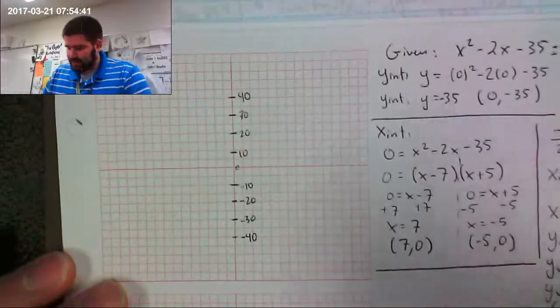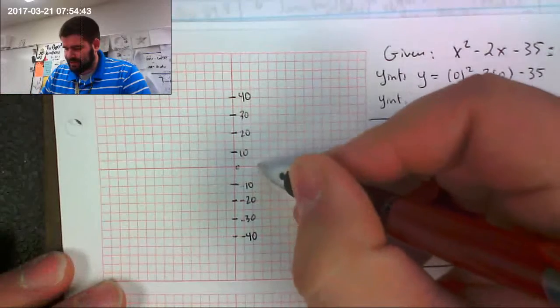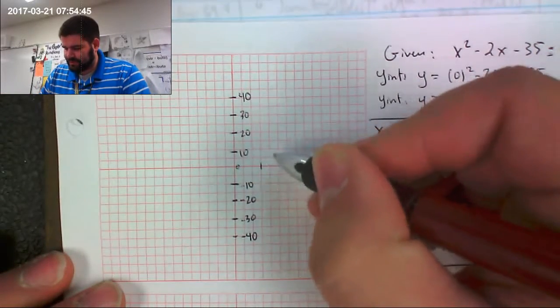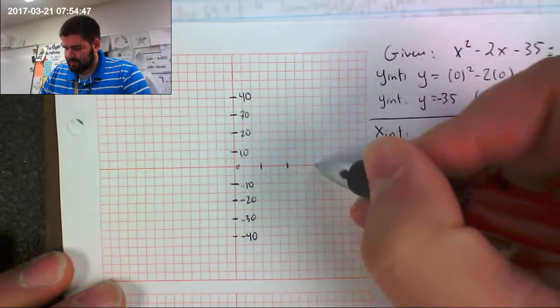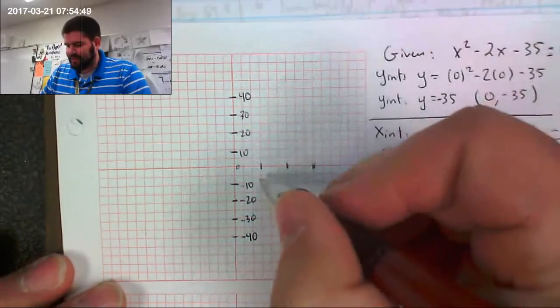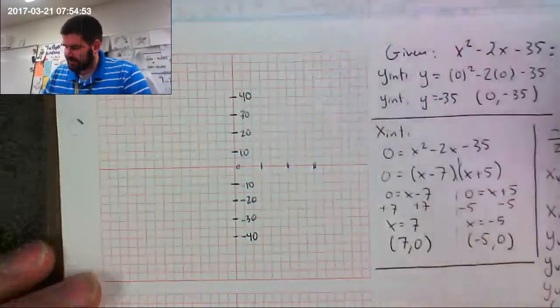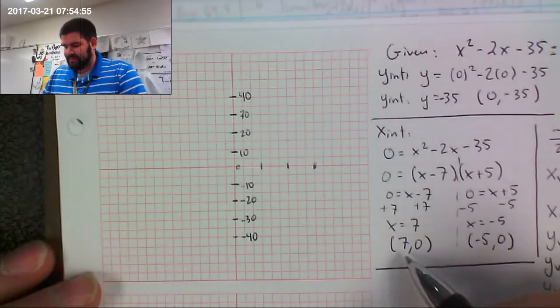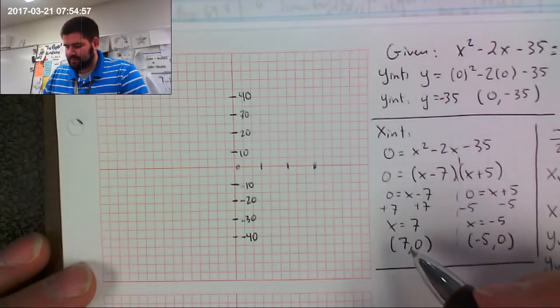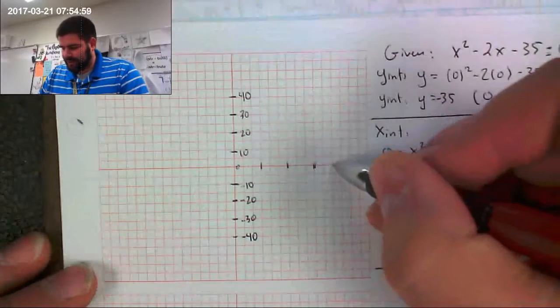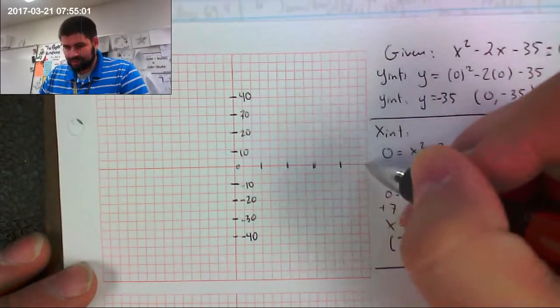Okay? And then along the x-axis, I'm going to count by the biggest number, 7. So I could go by 2's here.